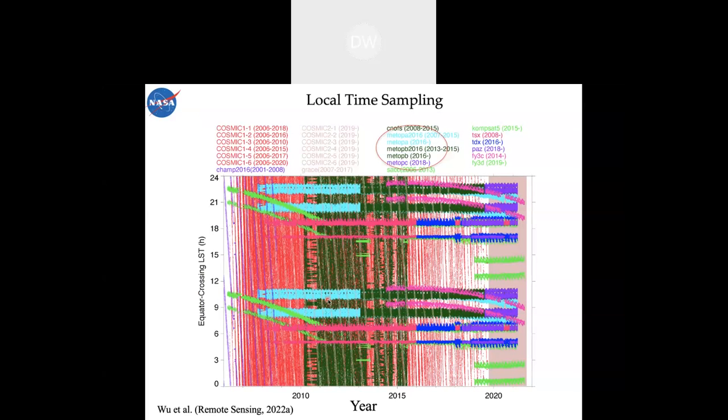You can see MetOp-A, B, and C, and Fengyun-3C is kind of drifting away, and the other satellites are Sun-synchronous. But Cosmic 1, Cosmic 2, and Spire give you full local time coverage. This is very valuable and very important for studying fast processes, both in the atmosphere and the ionosphere.